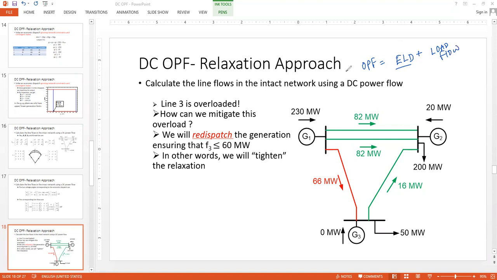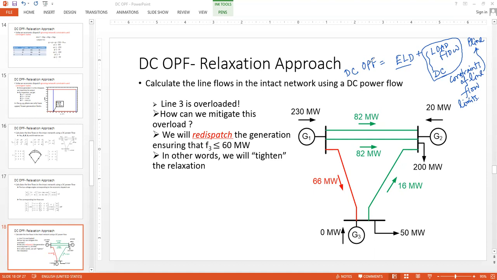And more specifically, if it is a DCOPF, the load flow will be taken from the DC load flow concept. Also in this case, we have constraints of the line flow limits only. And this line flow basically means the real power flow through the lines.